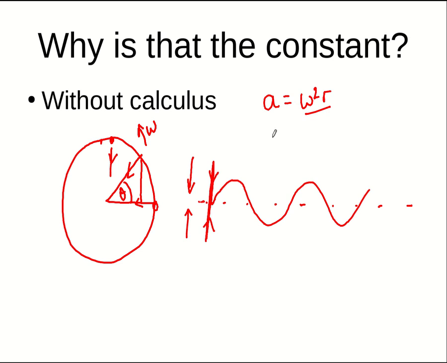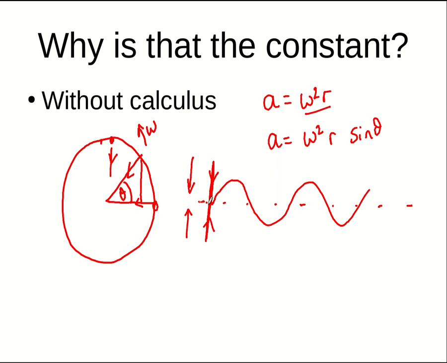So the acceleration is omega squared r sine theta, to take the component in the vertical direction. So the acceleration of the object projected across here is equal to this.